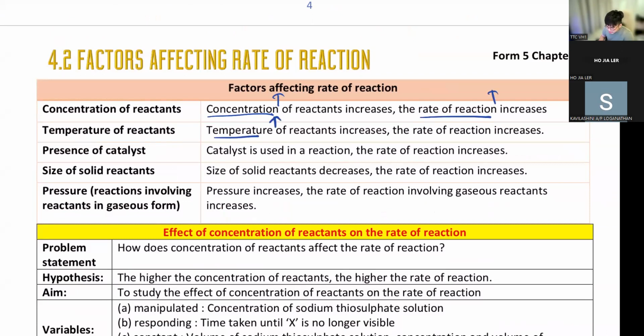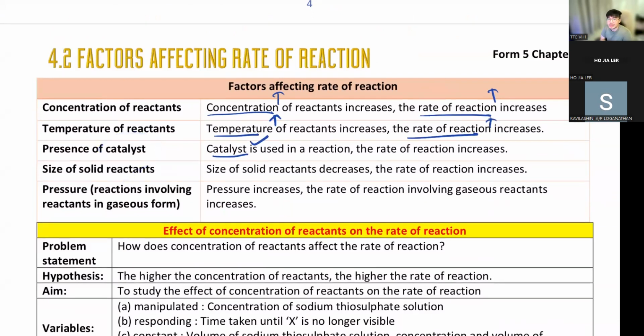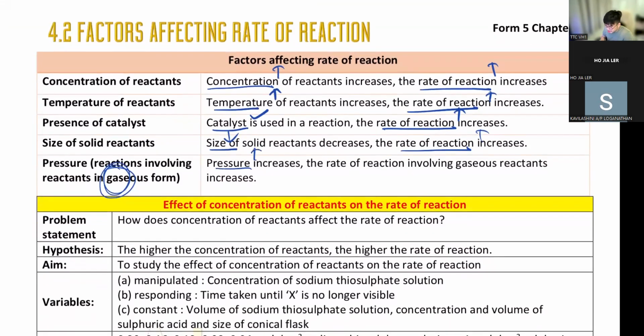The higher your temperature, the higher the ROR. If a catalyst is present, remember what is a catalyst? Something that increases your rate of reaction. If you use a catalyst, your ROR is higher. If your size is smaller, your ROR is also higher. Pressure is only for gas, and when pressure increases, your ROR is also higher.